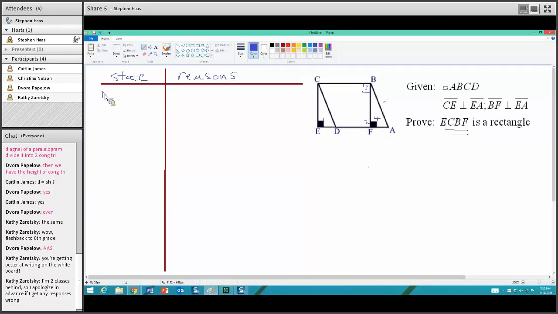We'll say parallelogram ABCD, and CE is perpendicular to EA, and BF is perpendicular to EA, all because given. Okay. So then we're just going to say what the right angles are.